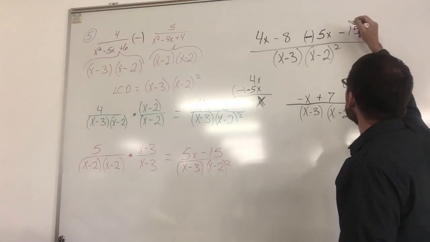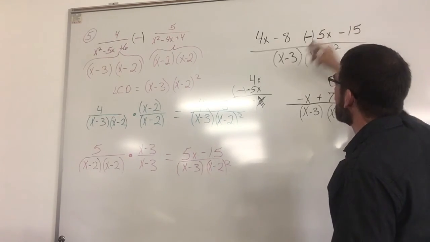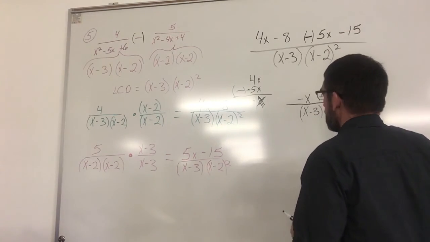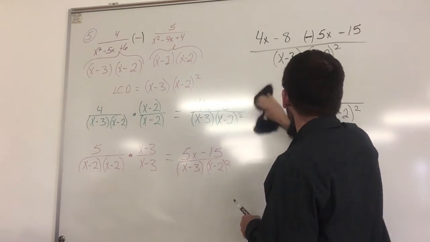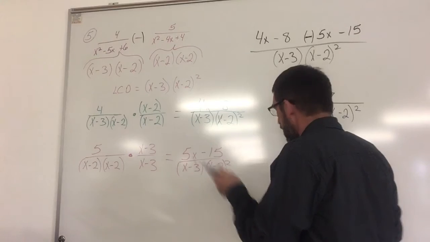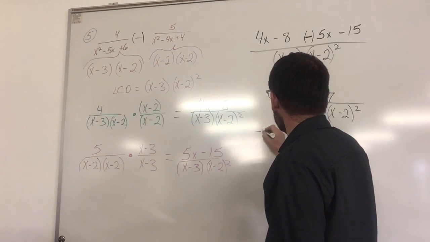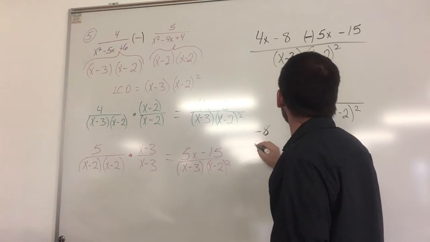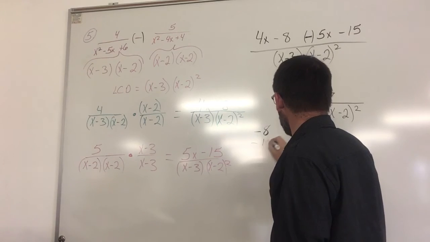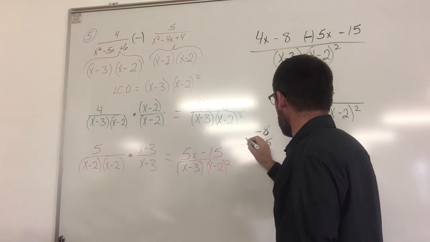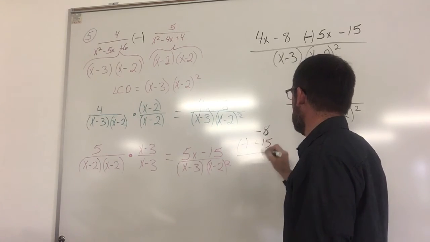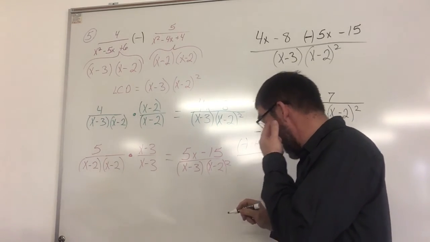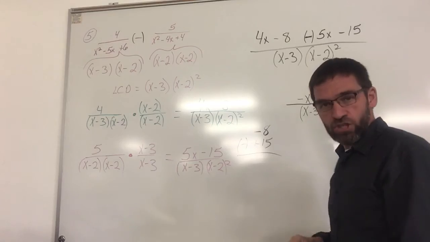Now you're going to do the same thing here. You're going to have the 15. Now erase this here. I know you're looking back here at the answer, but you don't know how I got the answer. You got negative 8, and then you have negative 15, and it's a subtraction problem. So you'll have to make it a positive 15, and use your addition rules.